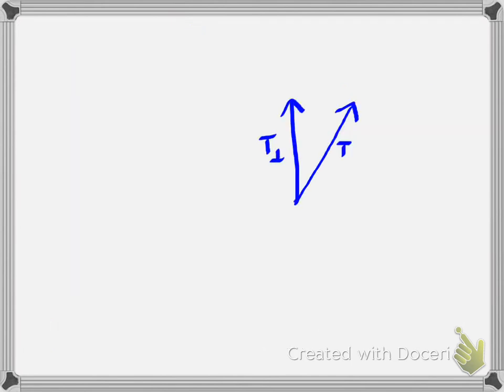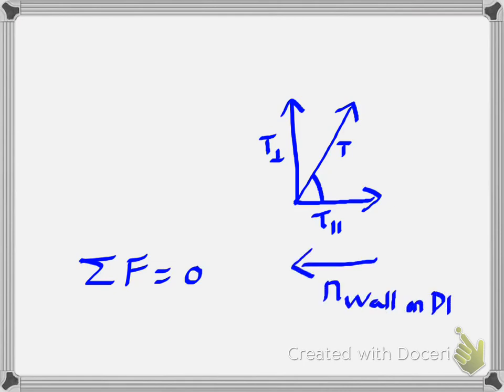Now, we broke that tension into its component perpendicular to the position vector of the chain. But that means if we broke it into a component perpendicular, we have a component parallel, or horizontal, to the drawbridge. So what about that parallel pull? Well, if our forces add up to zero, that parallel tension, the horizontal tension pulling in towards the castle, the bridge being pulled into the castle, must be balanced out by the normal force of the wall on the drawbridge, or from the axle or pivot, whichever it will be, to balance out that parallel component of the tension.